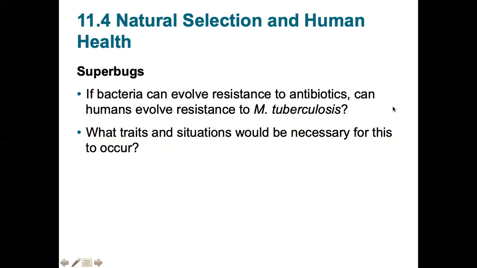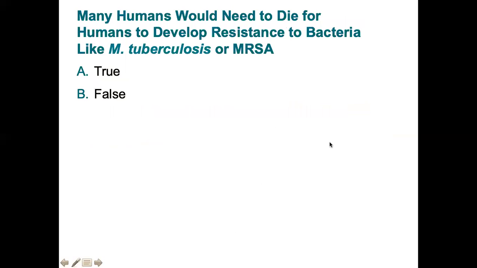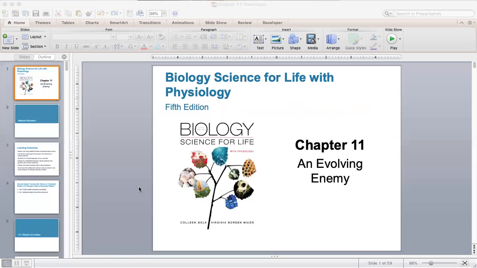And so what we would have to do is have a whole bunch of people who are infected with tuberculosis and survive, and only those people were allowed to reproduce. And everybody else would be dead anyway, so they wouldn't be able to reproduce. This is just unimaginable for us to do. Many humans would need to die for us to be resistant.